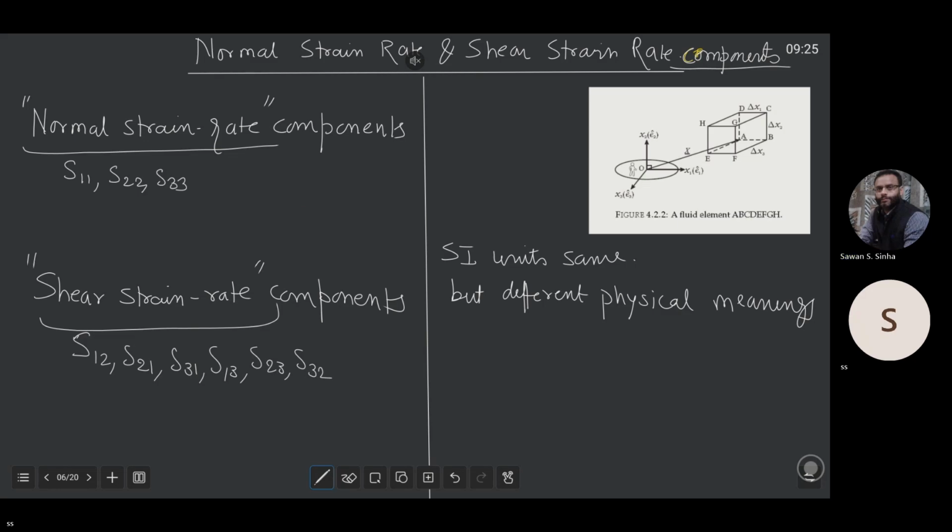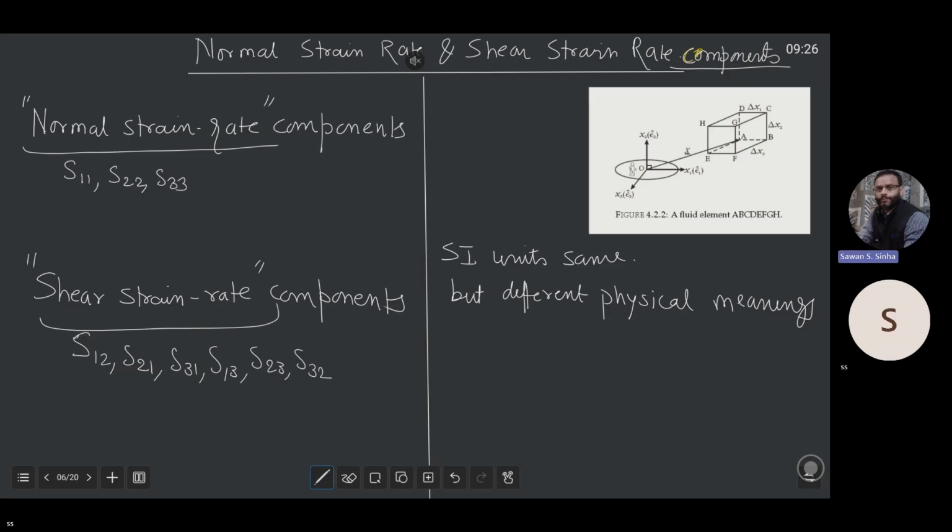Shearing, angle 90 degree, doing like this. Somebody is trying to make the upper face move more than the lower face. Kya hoga? Angles will change. That kind of meaning is there in the background. Interpretation is there in the background.